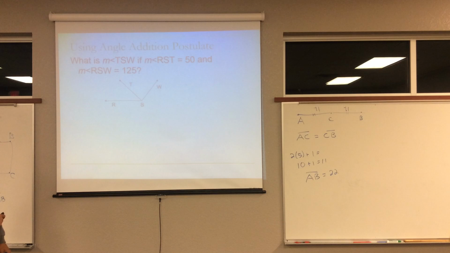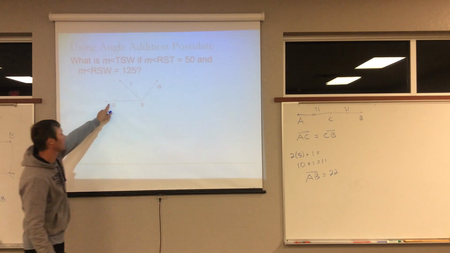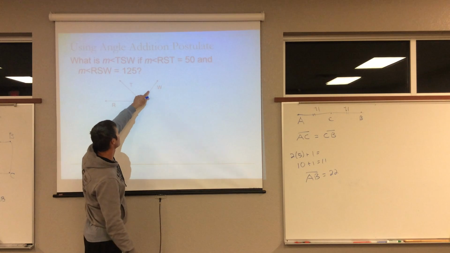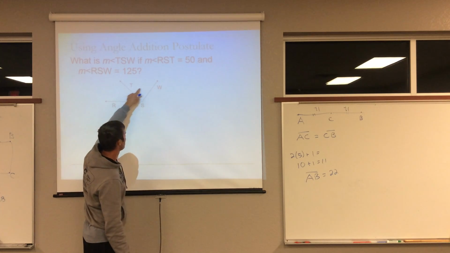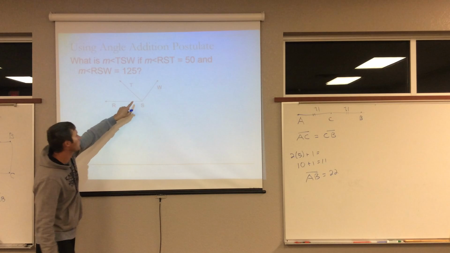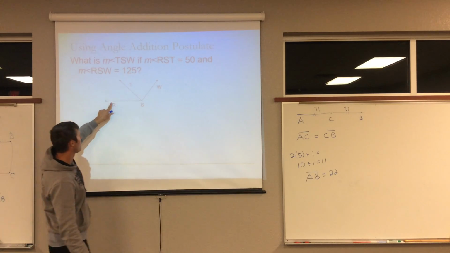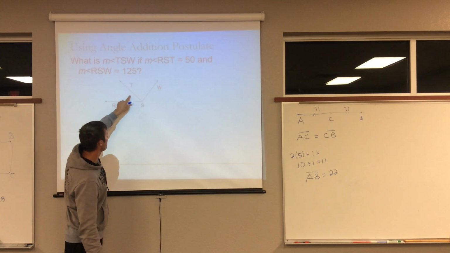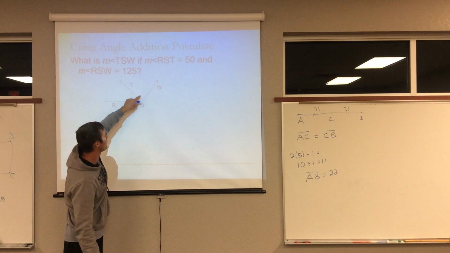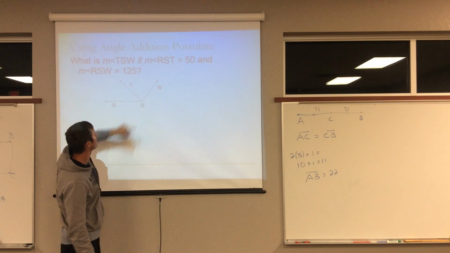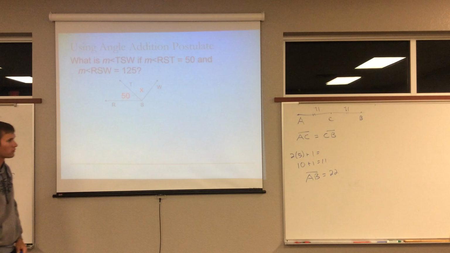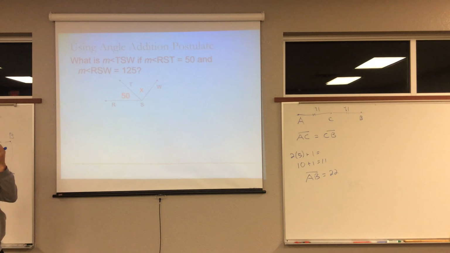All right? So RSW is 125 degrees, so this whole thing is 125 degrees. We know that RST, this angle, is 50 degrees. We want to know what is this angle right here. Okay, so that's what it's saying. So what we do is we write an equation.